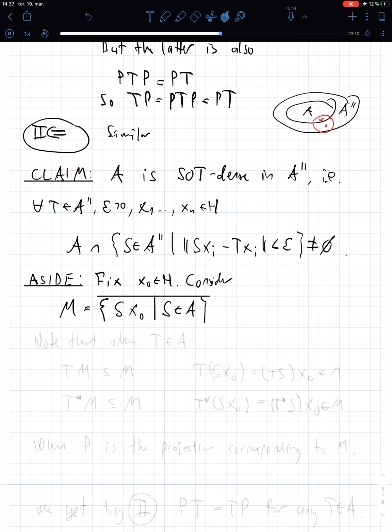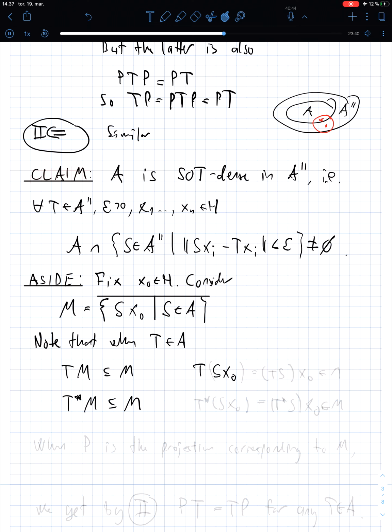We can use the preparation. So we note that when T is in A, we have that TM is contained in M, and also that T star M is contained in M. And why is that? That's because an element in M lies in the closure of elements of the form Sx0.